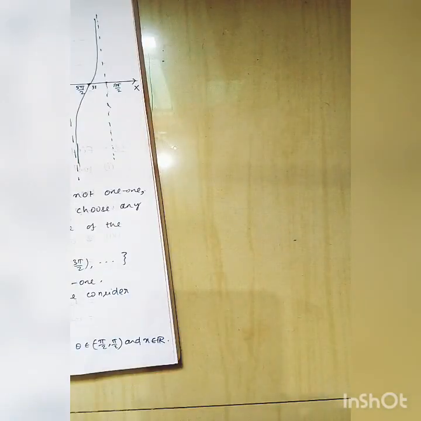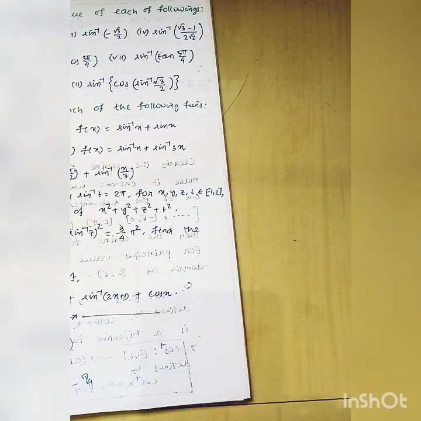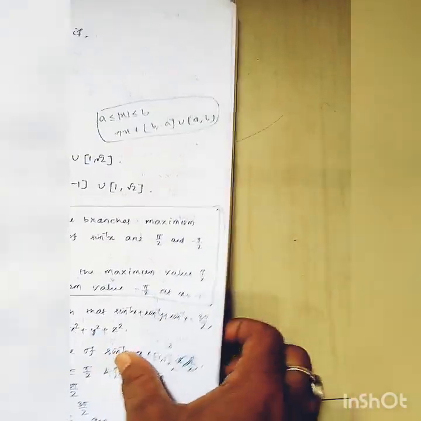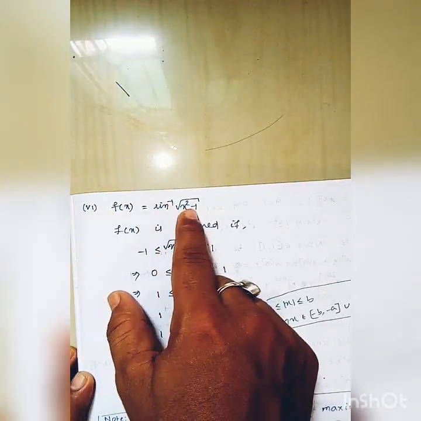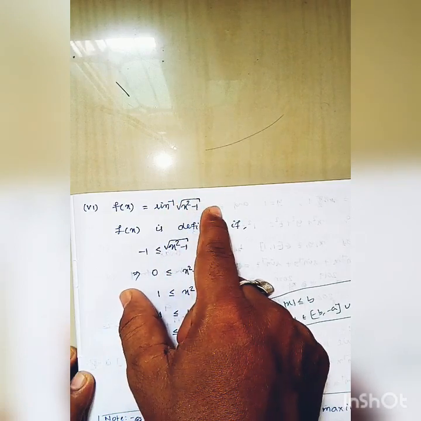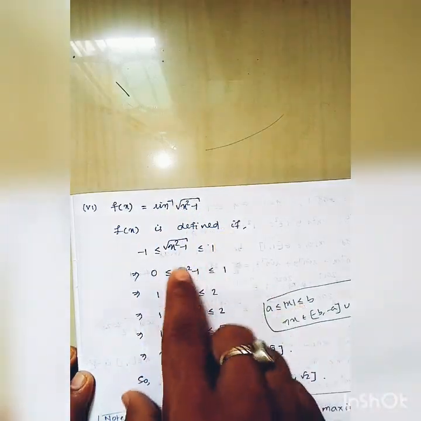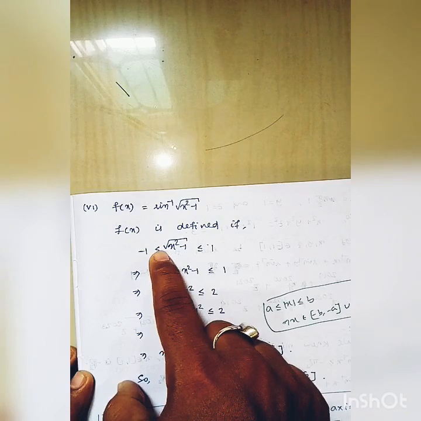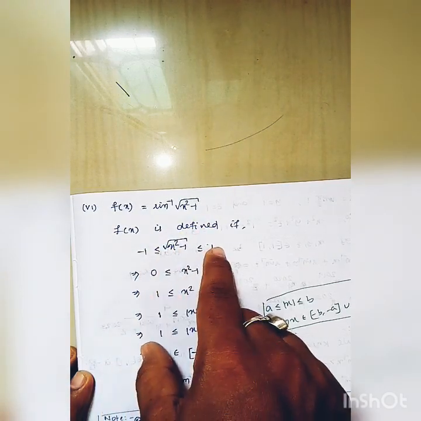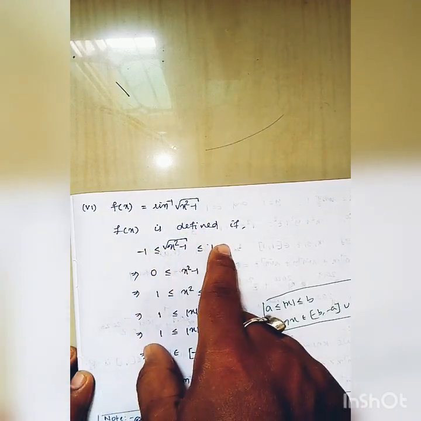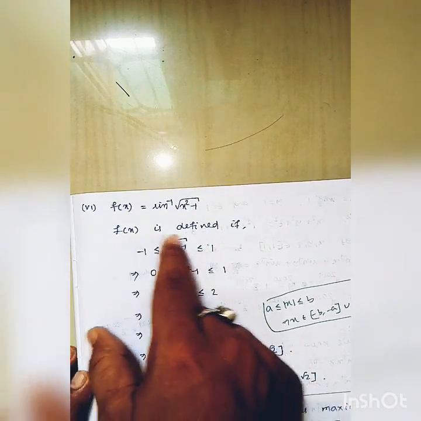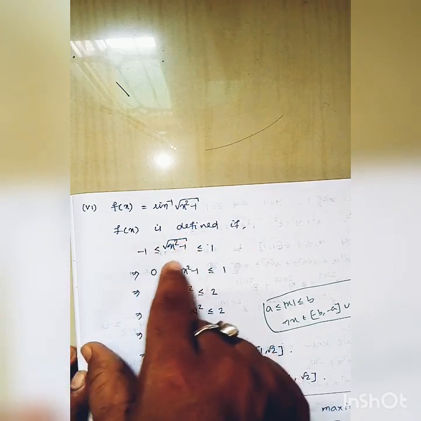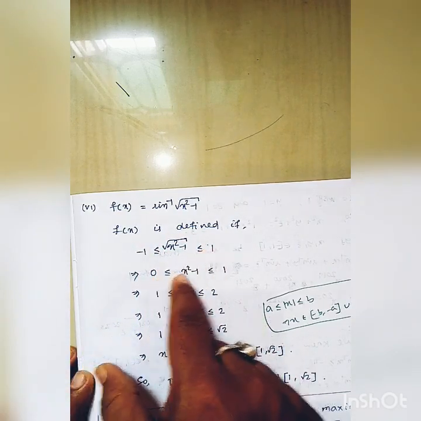Another doubt from assignment 1. Find the domain of sine inverse of x square minus square root of x square minus 1. f of x is defined if this lies between minus 1 to 1. Squaring both sides, we get 0 less than or equal to x square minus 1 less than or equal to 1. As you know, the square root part is always positive, so 0 to 1.